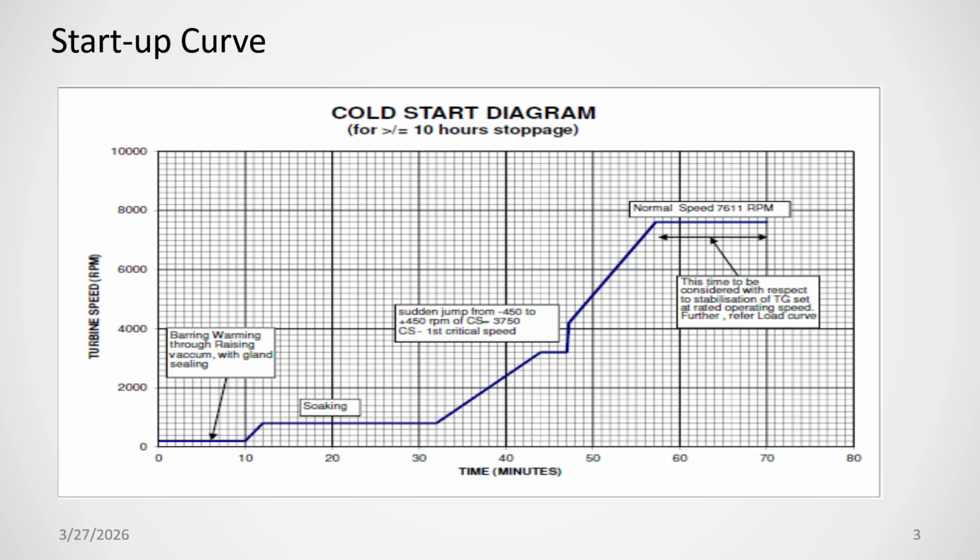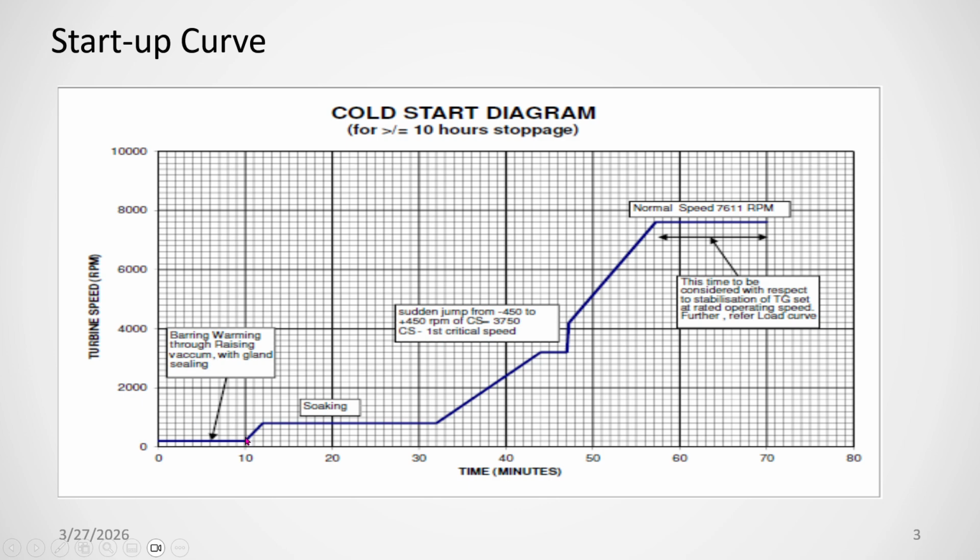We have to keep the barring gear online, so before starting, the turbine should be on the barring gear. First see the starting curve, the cold starting curve. For the first 10 minutes we have to keep the RPM very slow, around 500 RPM, and see whether any touching is there or not, and whether there is abnormal bearing temperature.